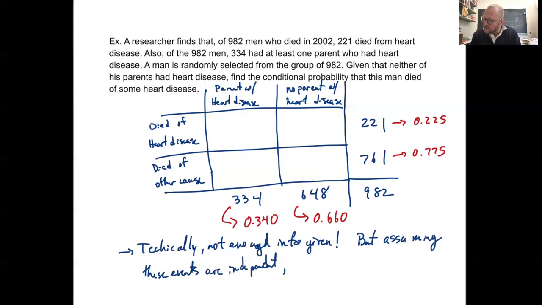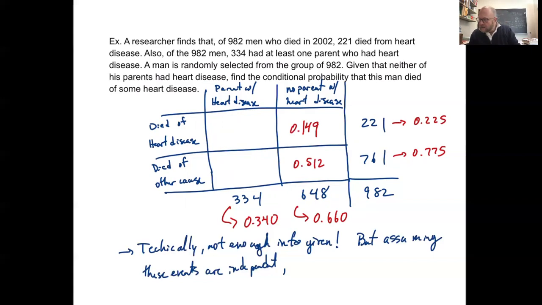For instance, this one here, the probability is going to be the 0.225 times the 0.660. And so we would get 0.1485, so I'll put 0.149. And then the 0.775 times 0.66, here you get 0.512 roughly, right?